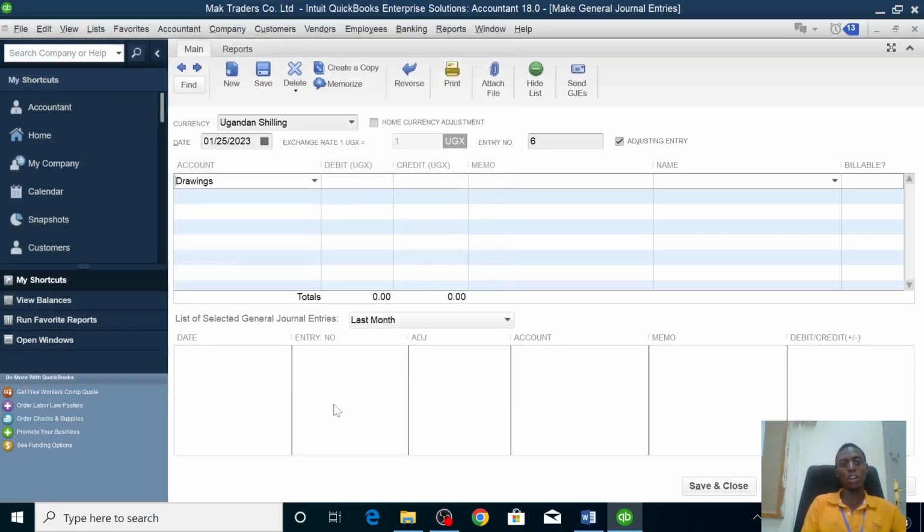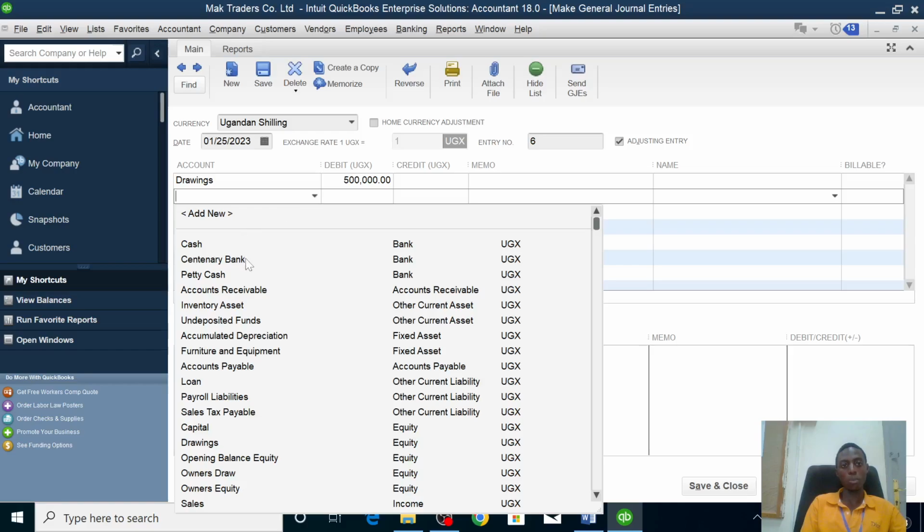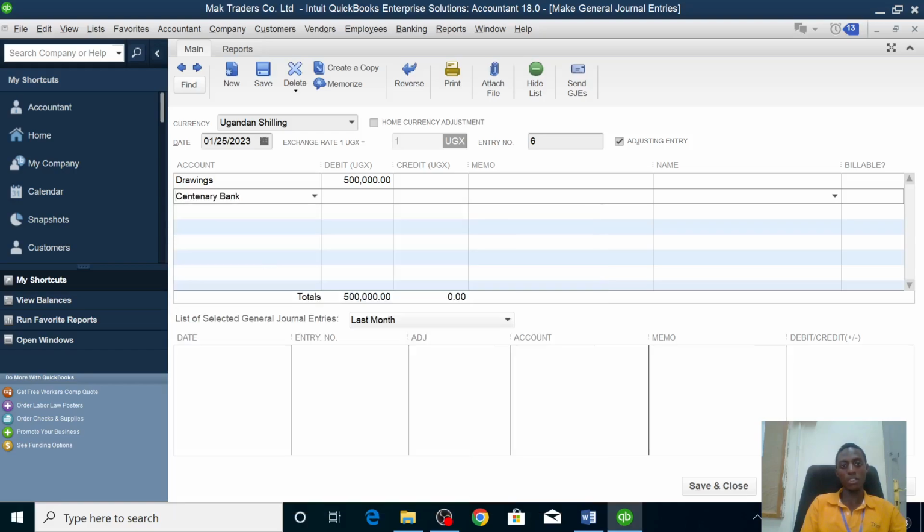I say okay, then I am debiting this with 500. And it was withdrawn from bank, so Centenary Bank is losing 500.